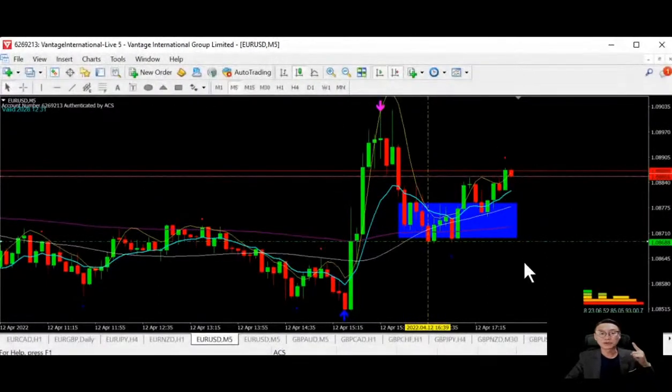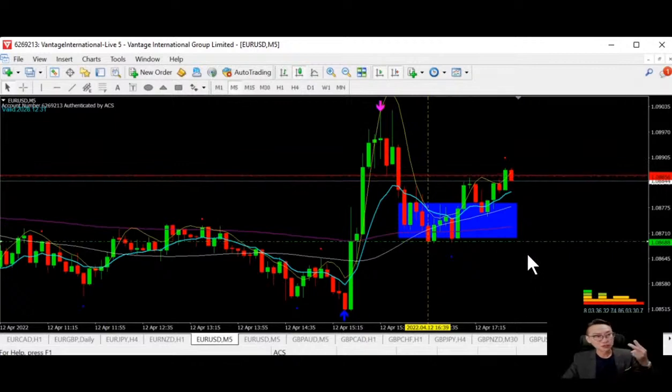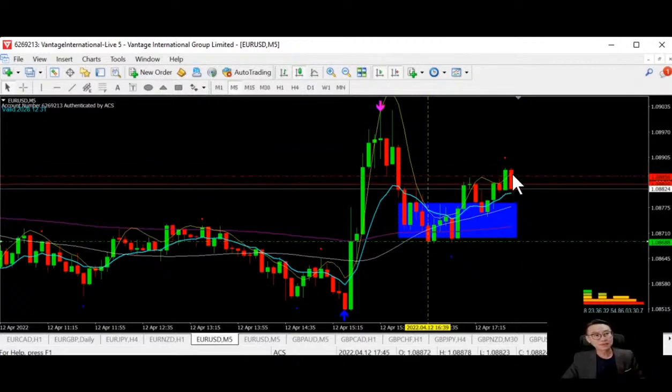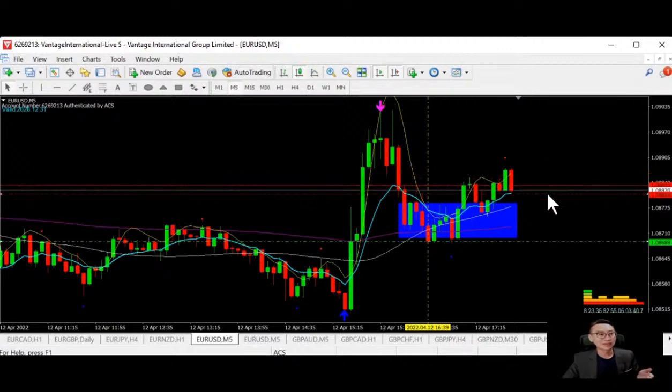When it's out of the range, that is number one signal that you should get ready to set your SL, get ready to cut the trade. Number two, for example, it comes back here and sets up a green candle as a buying candle, a higher support. That means it's gone.